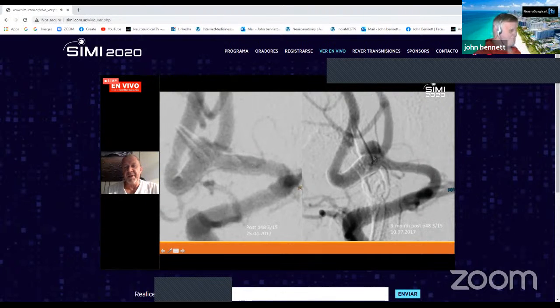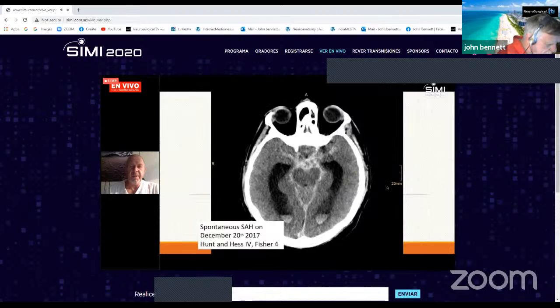The aneurysm is not gone, but you can see this white line between the flow diverter and the aneurysm. So we have no recent follow-up for this patient, but I would expect the aneurysm to be obliterated in the meantime.